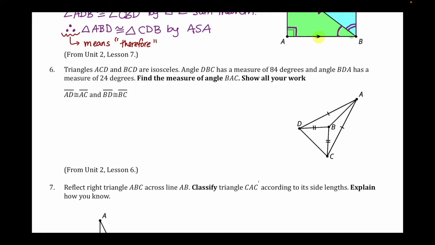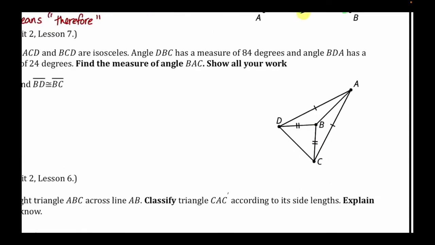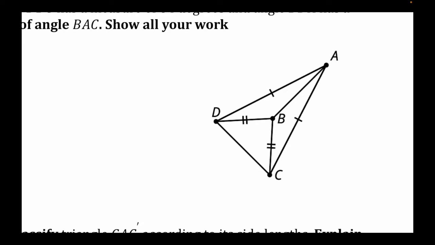So triangles ACD and BCD are isosceles. Okay, so ACD, that's this big outer triangle, and BCD is the inner one. DBC has a measure of 84. So I'm going to write that in where I see it. It is right here, 84.